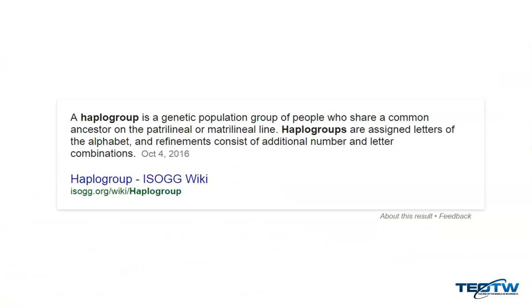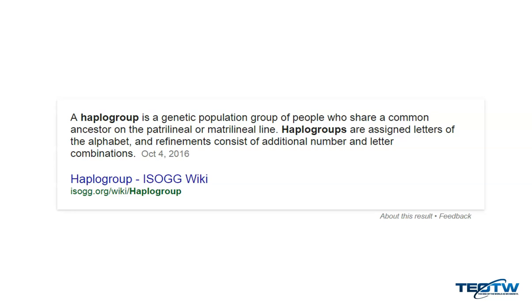Okay, so here's another definition. A haplogroup is a genetic population group of people who share a common ancestor on the patrilineal or matrilineal line. Haplogroups are assigned letters of the alphabet, and refinements consist of additional number and letter combinations.